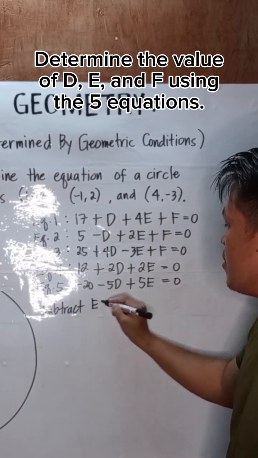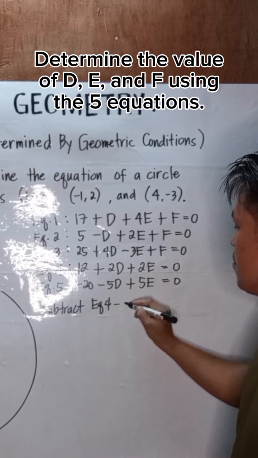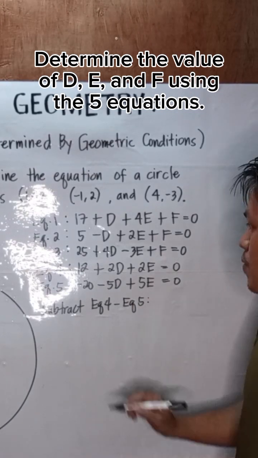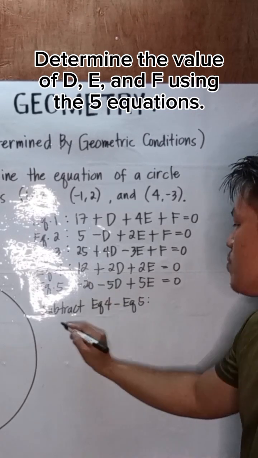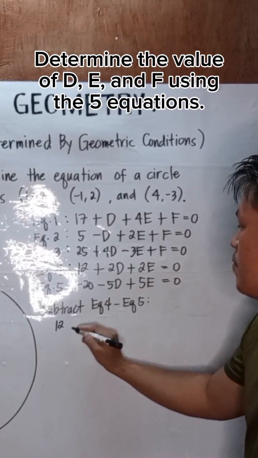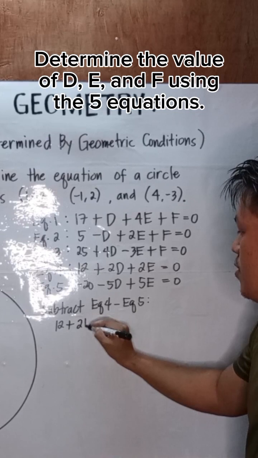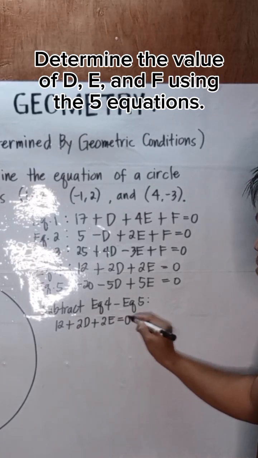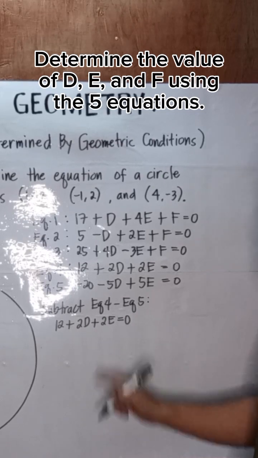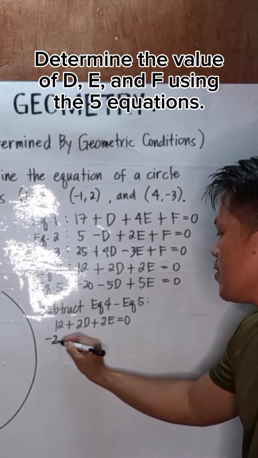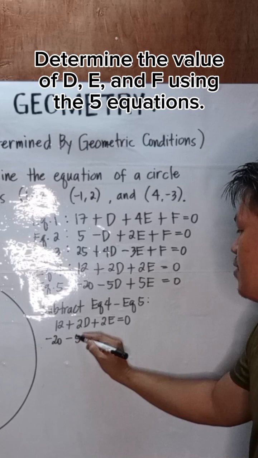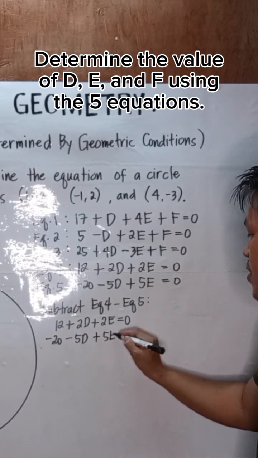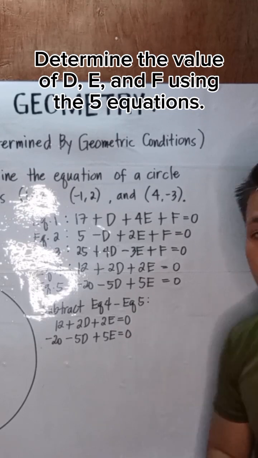Subtract equation 4 minus equation 5. Ang equation 4 natin ay 12 plus 2D plus 2E is equal to 0. And then, ang equation 5 ay negative 20 minus 5D plus 5E is equal to 0.